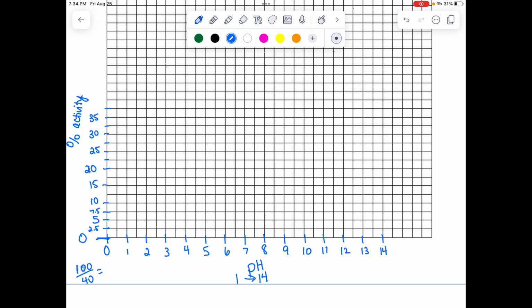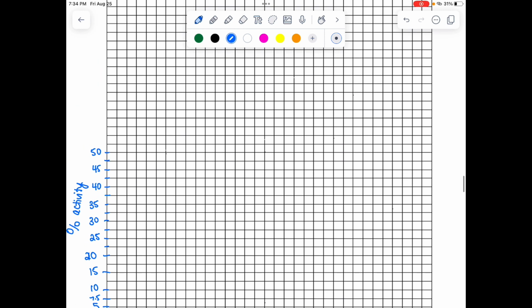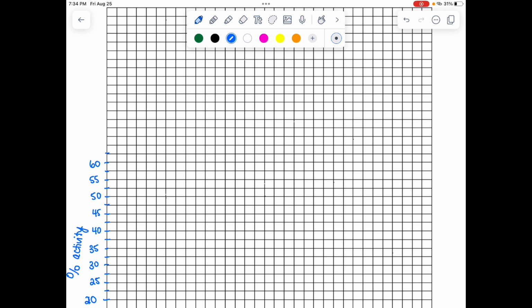It's just easier to skip a line and then 5. So 2.5, 5 puts us at 45. 2.5, 5 puts us at 50. And so you're going to work your way all the way up, every other line marking it as a percentage activity of 5.